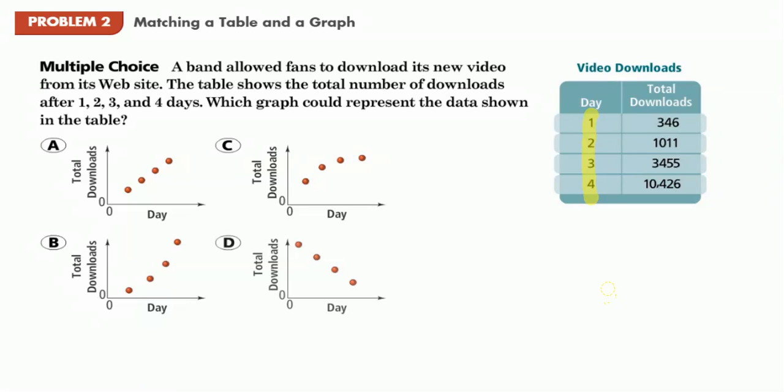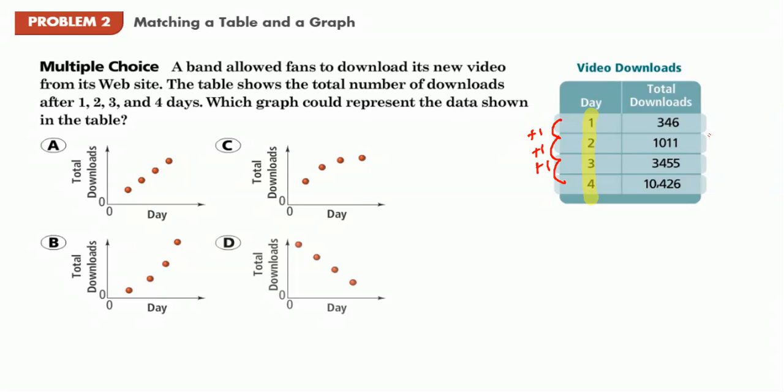We have a multiple choice of which one can fit the data. Every single day there's a change of +1. But let's look at the total downloads. That's what's going to tell us what's really occurring on the graph.